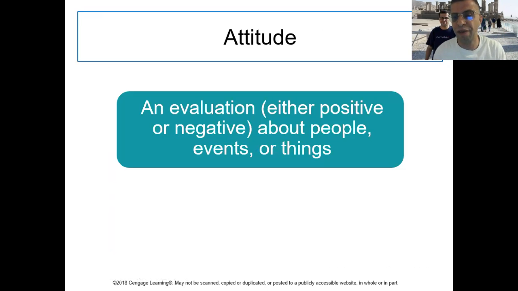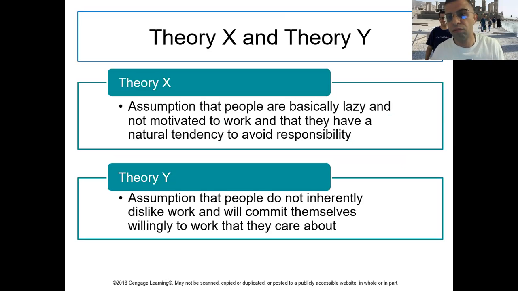So we come back to saying, what's an attitude? Attitude is an evaluation, either positive or negative, about people, events, or things. Now, we have something called Theory X and Theory Y. Theory X is the assumption that people are basically lazy and not motivated to work, and that they have a natural tendency to avoid responsibility.